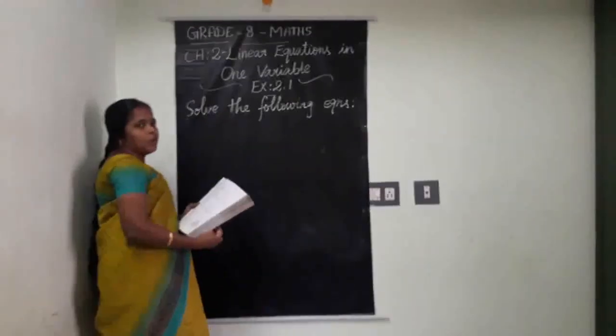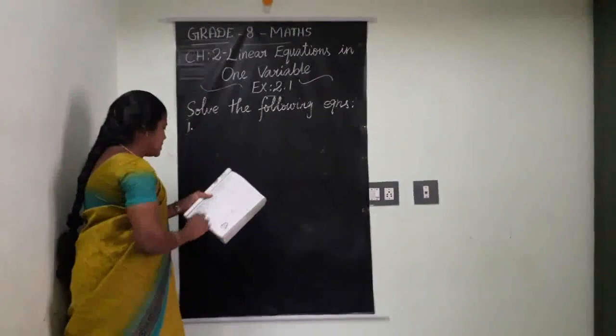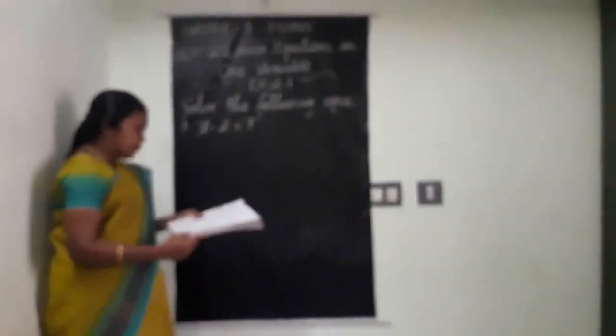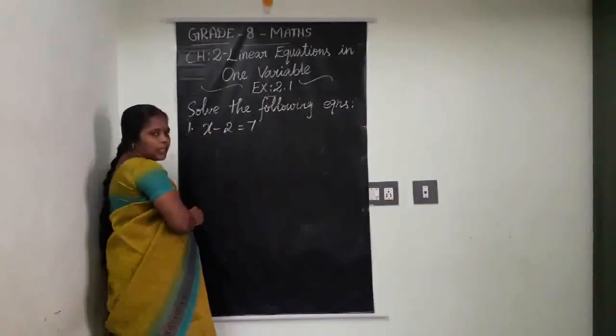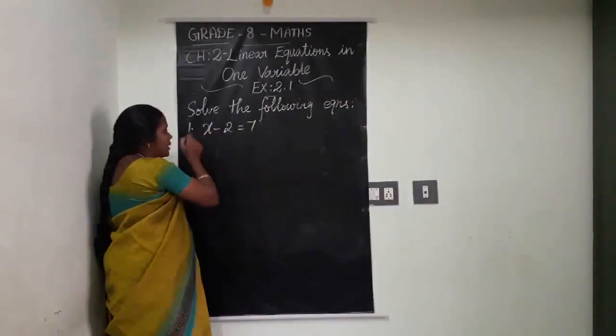EQN, short form of the word equation. Clear? Solve the following equations. First question in that, x minus 2 equal to 7. We have to solve, nothing but finding the solution of the equation. Clear? We have to find its solution.